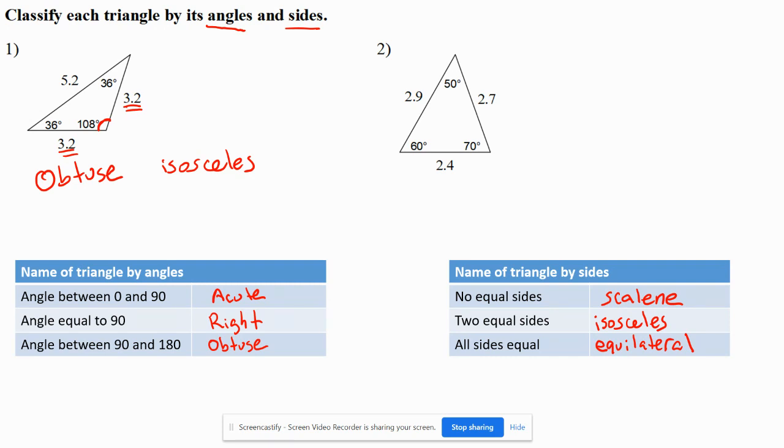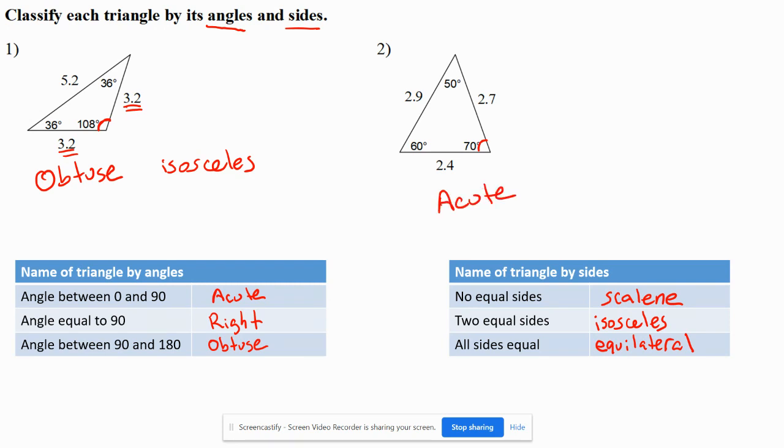Okay, now let's take a look at question number 2. Let me classify the triangle by the angles. I'm going to take a look at the biggest number, in this case, 70. Once again, I'm looking at the corners only. All right, 70 is the biggest angle. Because 70 is between 0 and 90, I'm going to call this an acute triangle.